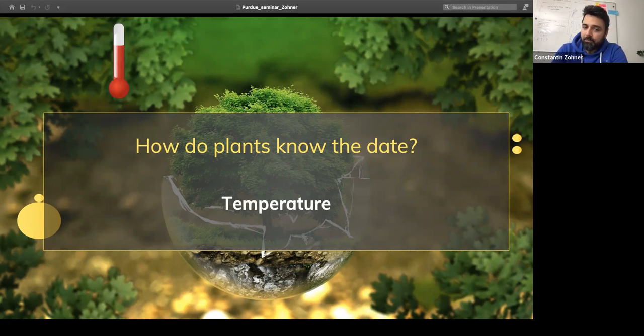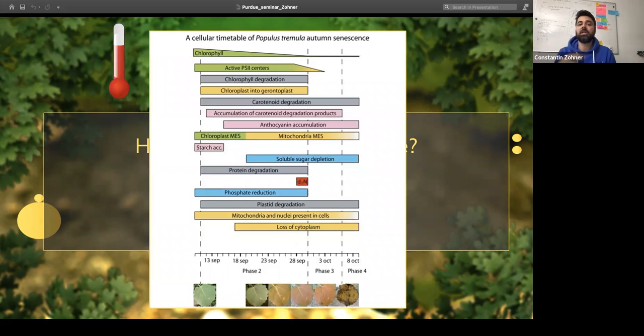So obviously temperature is decreasing in autumn and plants could use that as a signal. But the problem is that plants have to initiate so many physiological processes that it would be much too late for them to start once temperature actually starts dropping. They have to initiate some of these processes at least before that is happening.